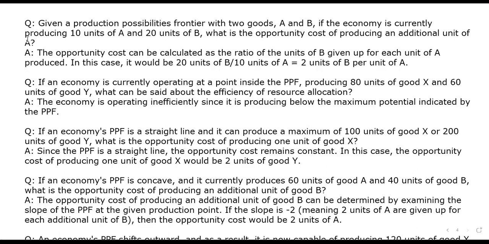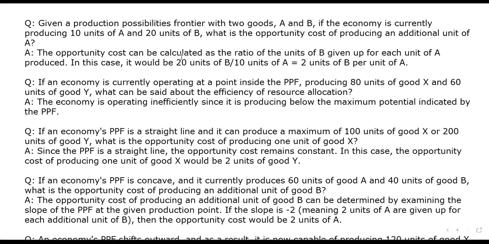We are going to calculate the opportunity cost as a ratio of units being given up of B for A. In this case, it would simply be to divide the 20 units of B over the 10 units of A. This is what we call the MRT, marginal rate of transformation.